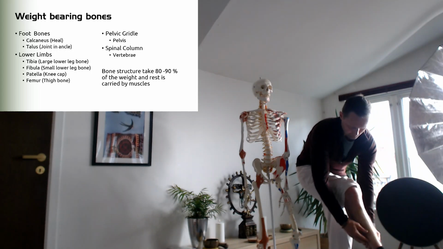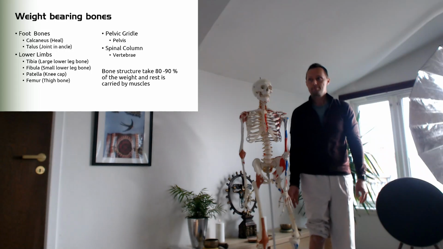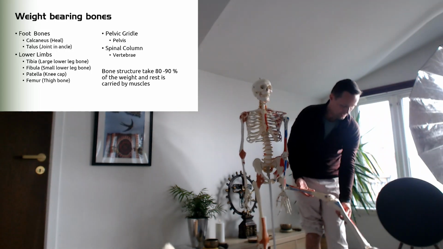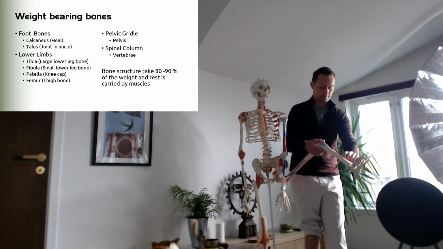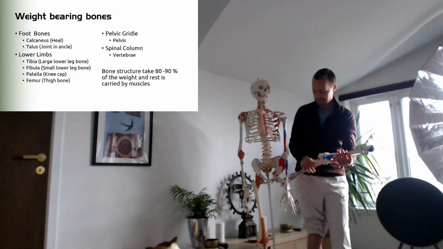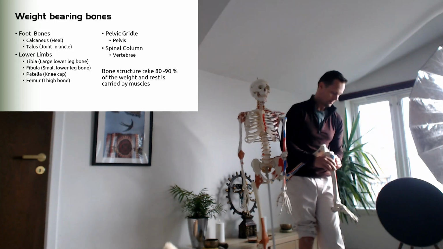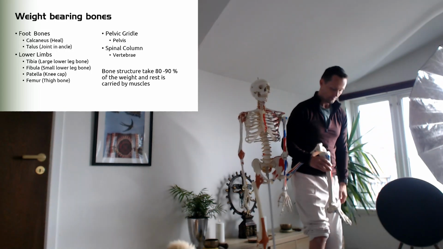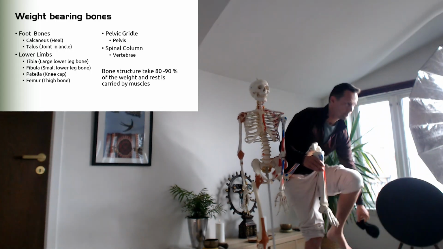The fibula is the small lower one. This one is attaching here or touching on the front, and this one is on the ankle outside.